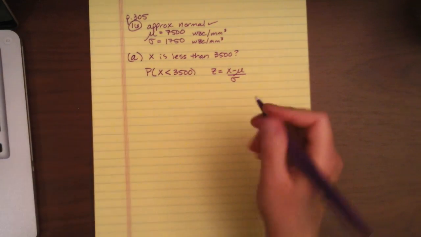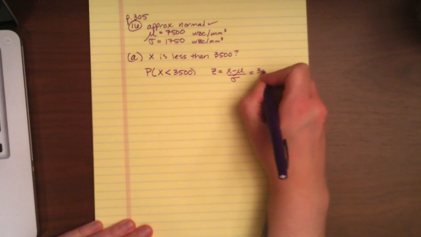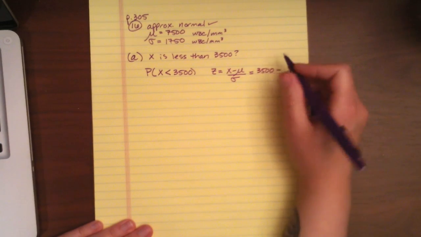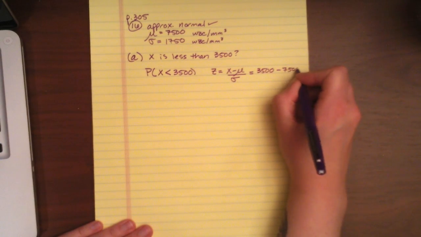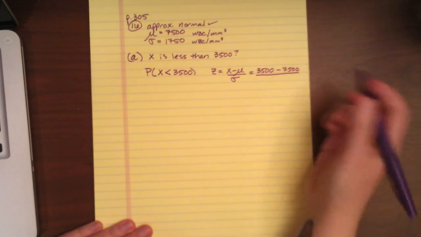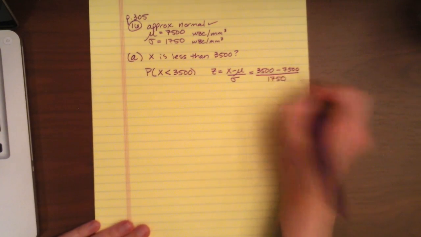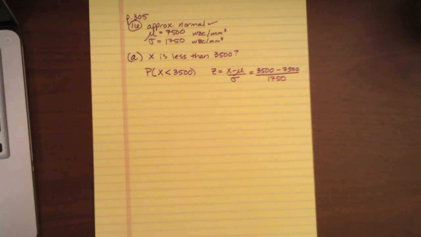So if I take my X value of 3,500, subtract my mean of 7,500, and divide by my standard deviation of 1750, then I can get my z-score. Pardon me really quickly while I punch this in. 3,500 minus 7,500 divided by 1750.